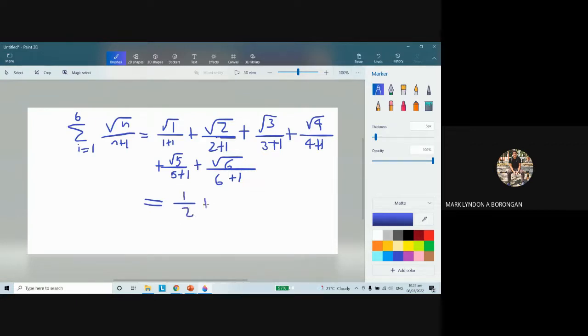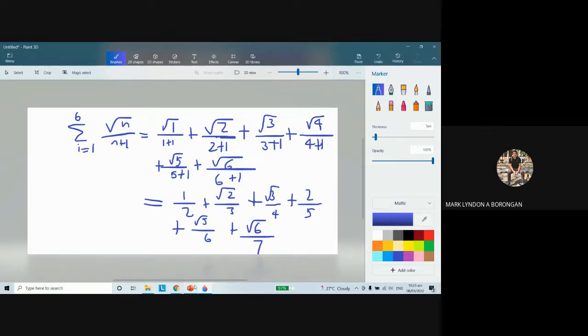So 1/2 plus square root of 2 over 2 plus 1, that is 3, plus square root of 3 over 3 plus 1, which is 4, plus square root of 4, that is 2, over 4 plus 1, that is 5, plus square root of 5 over 5 plus 1, that is 6, plus square root of 6 over 6 plus 1, that is 7.